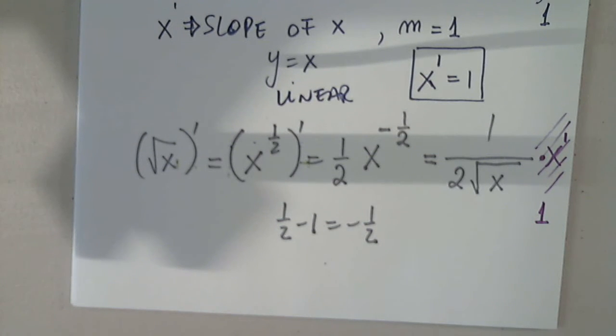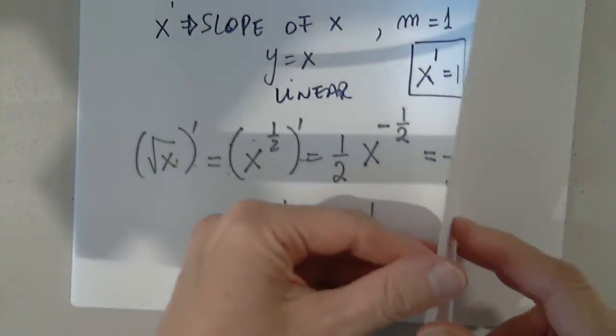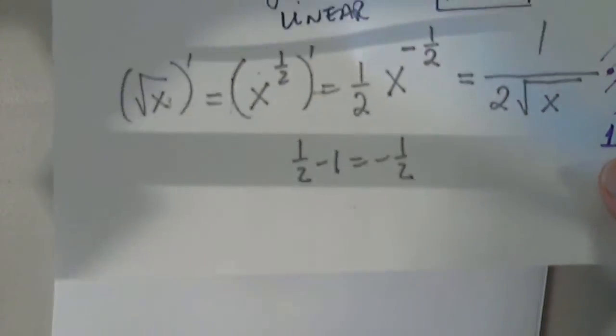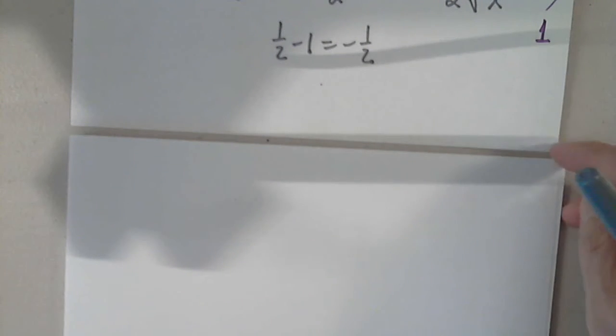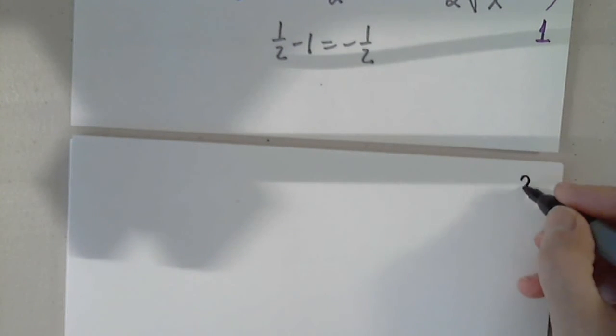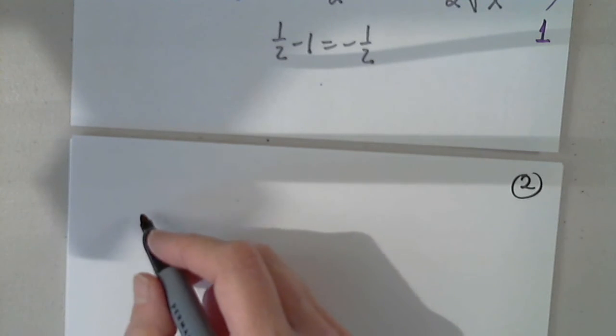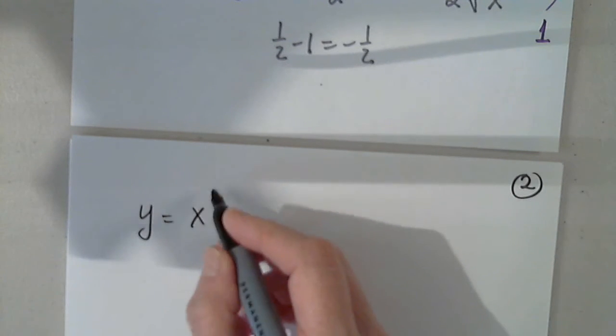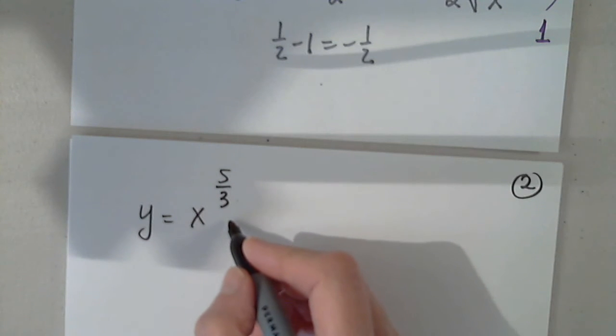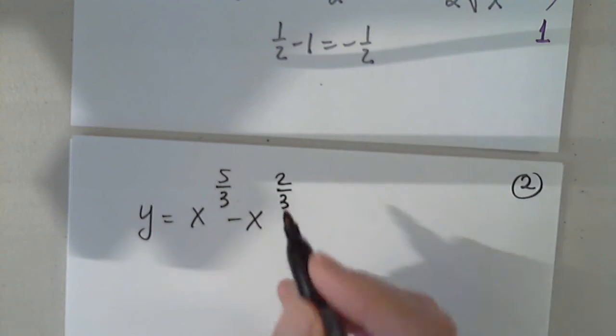Okay, so with what we have so far, I'd like to look at a few examples. Please choose if you'd like, if not, I will. So, just a couple of examples. For example, y equals x to 5/3 minus x to 2/3.